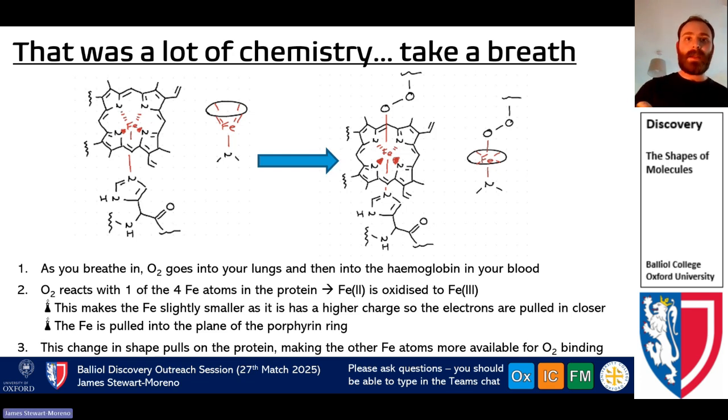And by going up into this pocket like this, it pulls on this structure down here, which is part of the protein, which makes it more available for other iron atoms in your blood to also take up oxygen for oxygen binding. So congratulations, changing the shape of molecules has been really important, and you've been doing it this entire time.